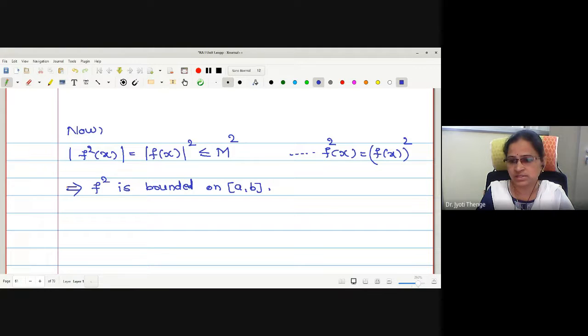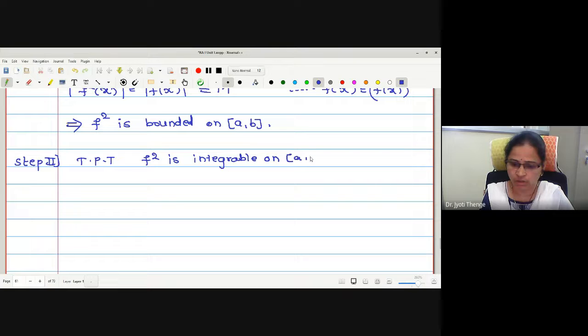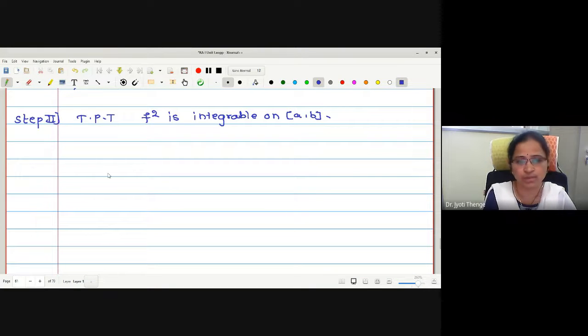In the next step, we are going for integrability. Step 2, to prove that f square is integrable on the closed interval a to b. Now let us write the relation between the bounds.